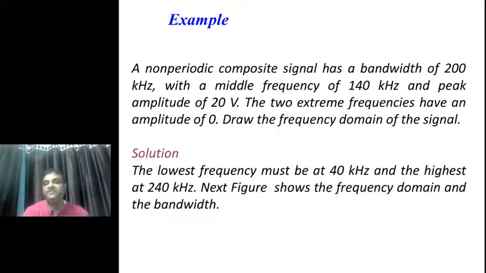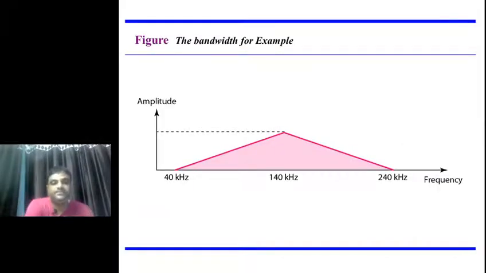Starting from 40, after 100 kilohertz it becomes 140. So 140 kilohertz is given and 200 kilohertz total bandwidth is given, and we are able to identify the minimum and maximum frequency. See this: 40 kilohertz, 140 kilohertz and 240 kilohertz.